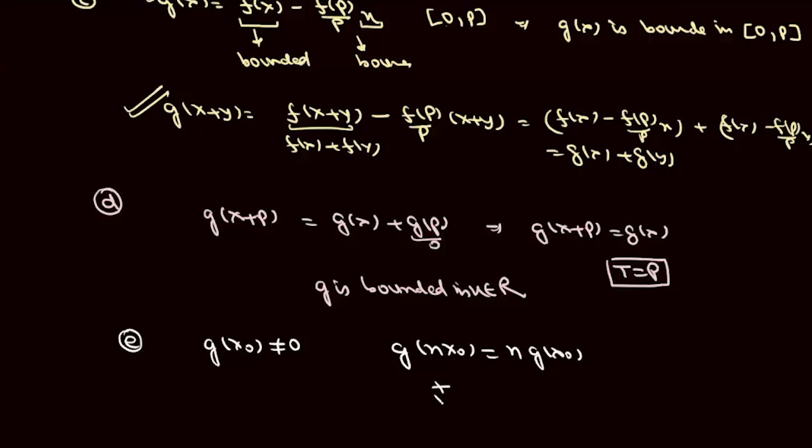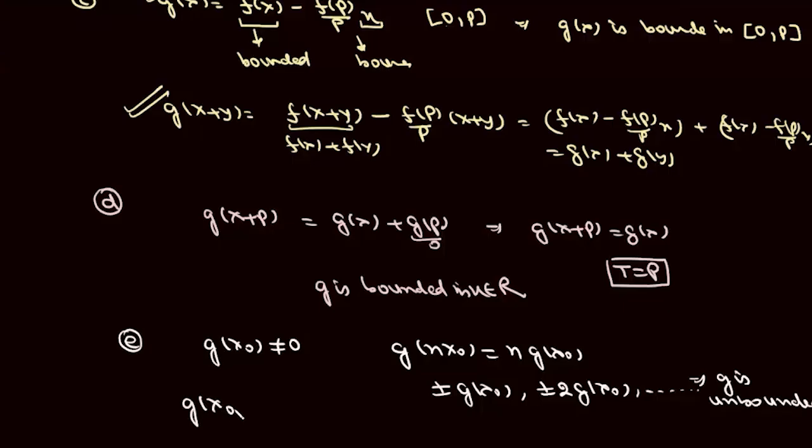So we'll get values plus minus g(x naught), plus minus 2g(x naught), and these values will keep increasing, which means this g is unbounded, which is a contradiction. That means for any point, g(x naught) must be equal to 0. That is, g(x) is a constant function and it should be identically 0.